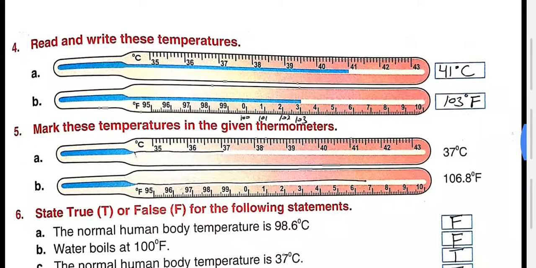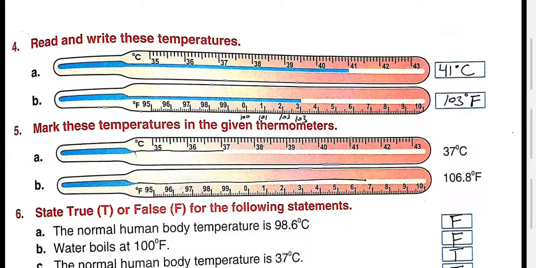Now you have to mark the temperature 37 degrees Celsius here. So just mark it with a pencil or pen, ending at 37. So it is 37 degrees Celsius. Next one is 106.8 degrees Fahrenheit.